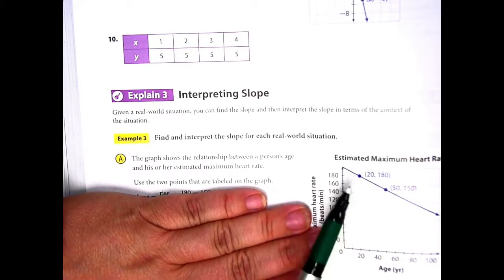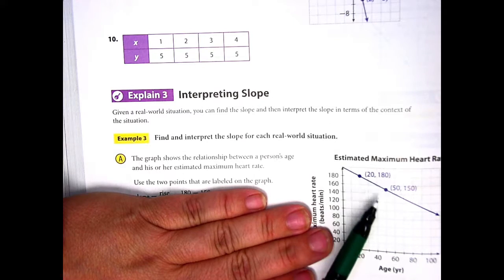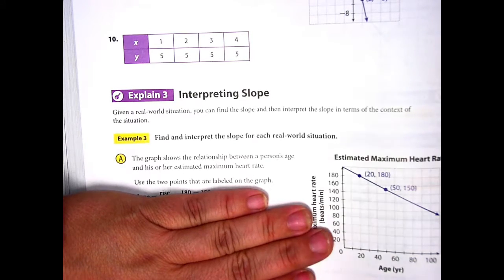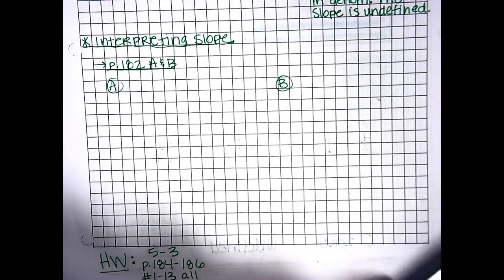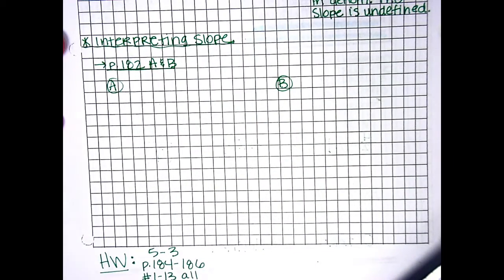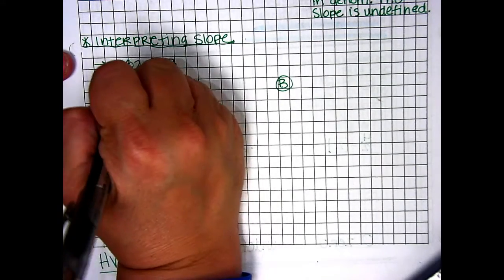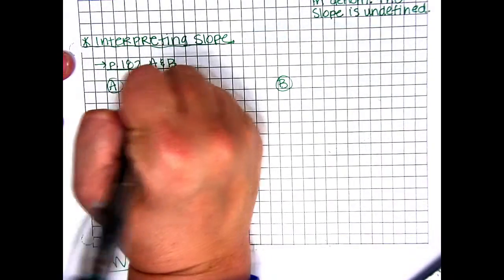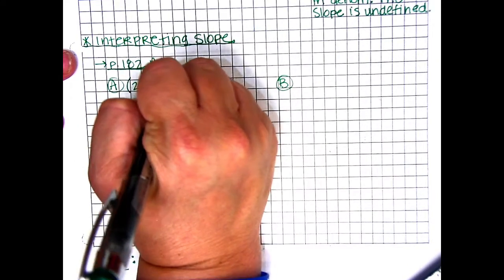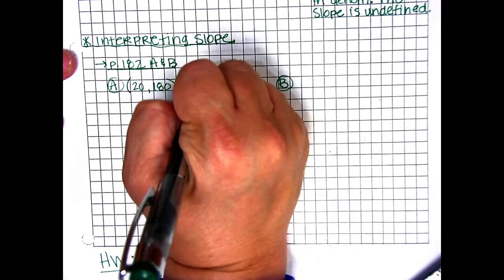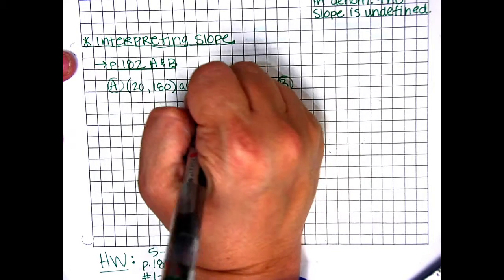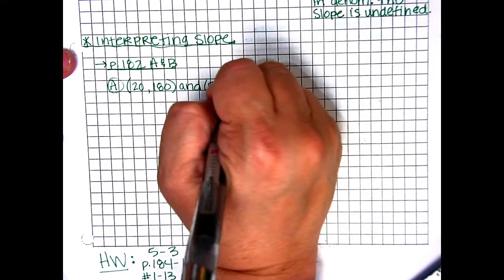Okay, so the 2 points are 20, 180 and 50, 150. I'm going to copy those down real quick.